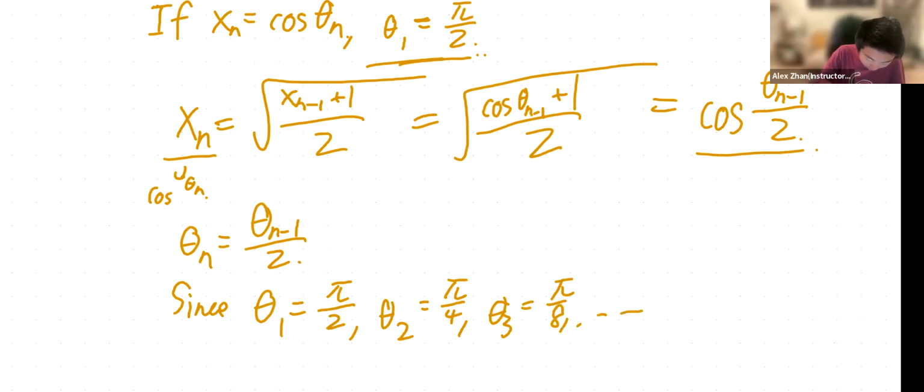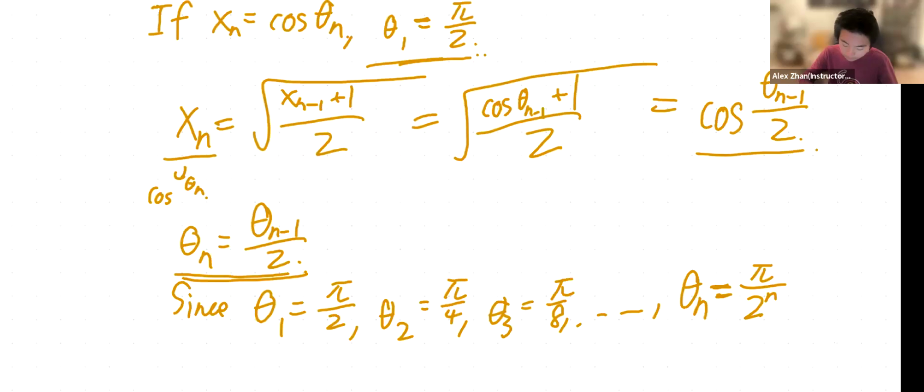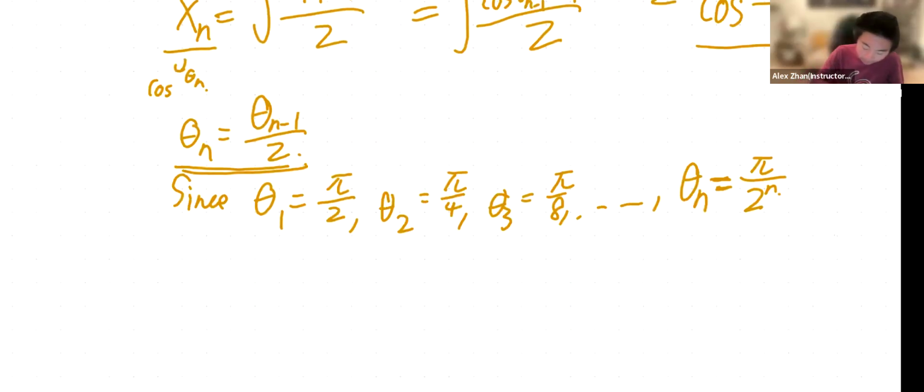We can use the relationship theta n equals theta n minus 1 over 2. This is in fact a geometric relationship, and we see theta n is equal to pi over 2 to the n. Thus xn is in fact equal to cosine of pi over 2 to the n.